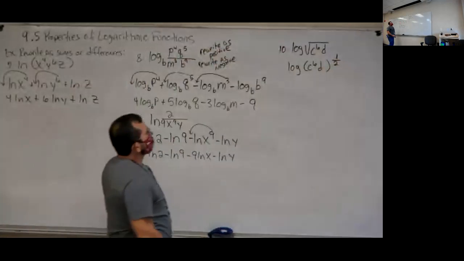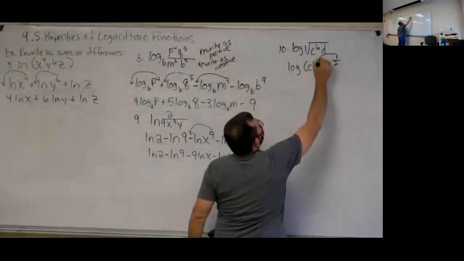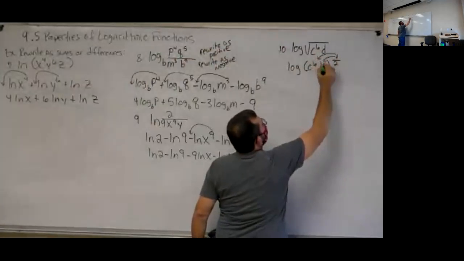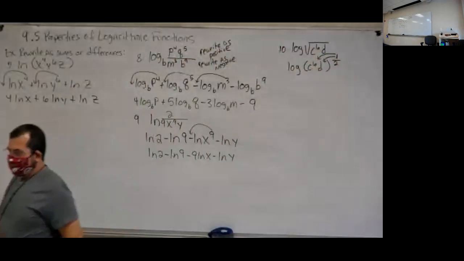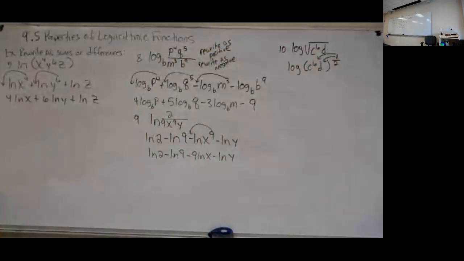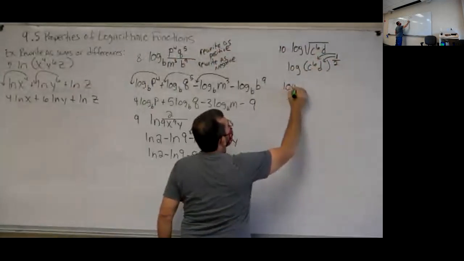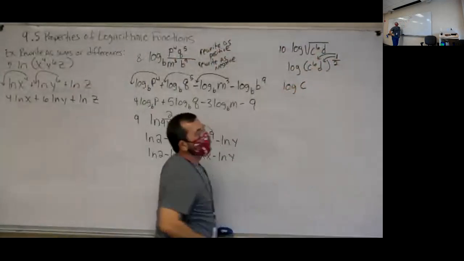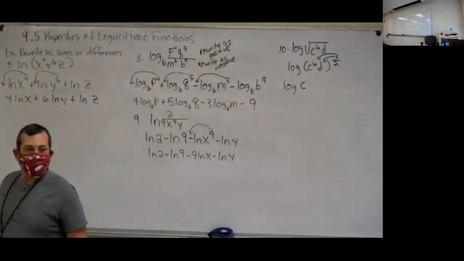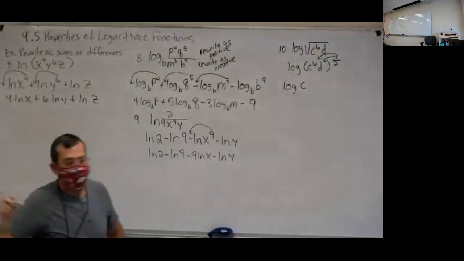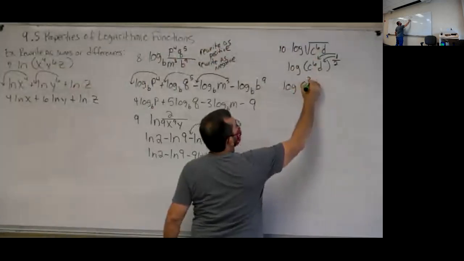Now we're going to distribute that exponent by multiplying, okay? So that's going to give me log C, and what is 6 times 1/2 going to give you? 3. So I get log C^3.